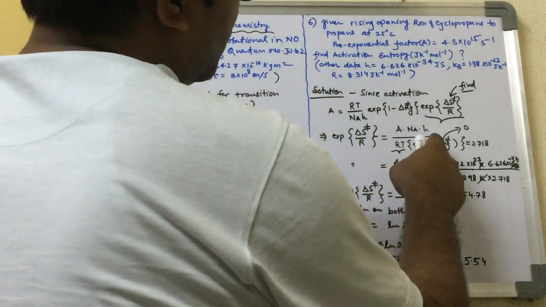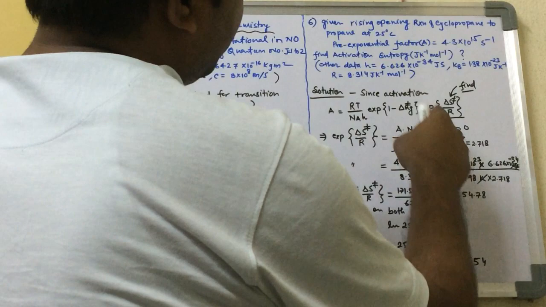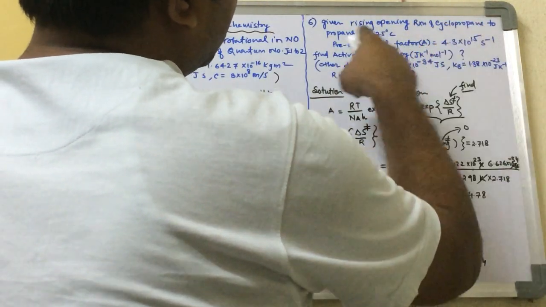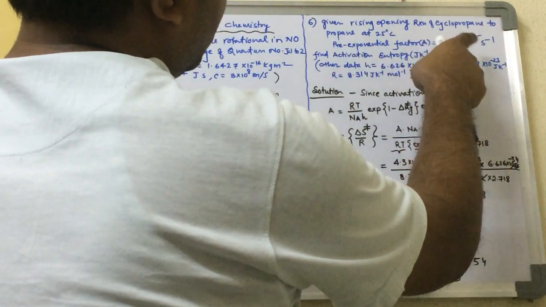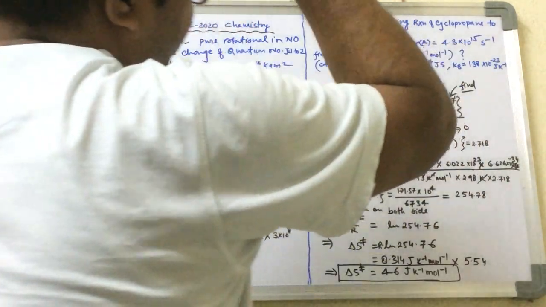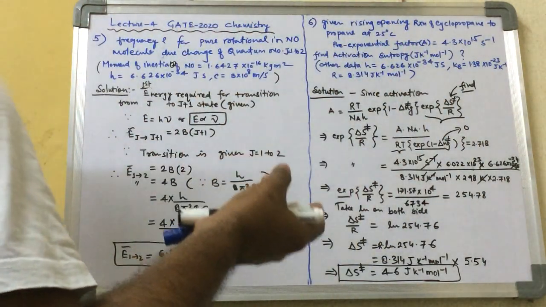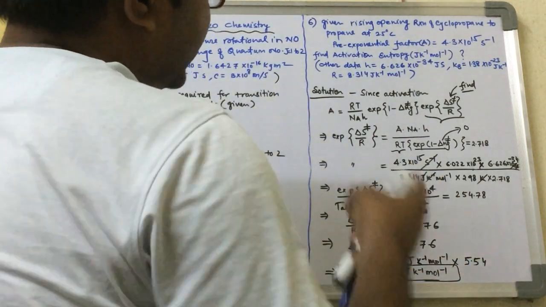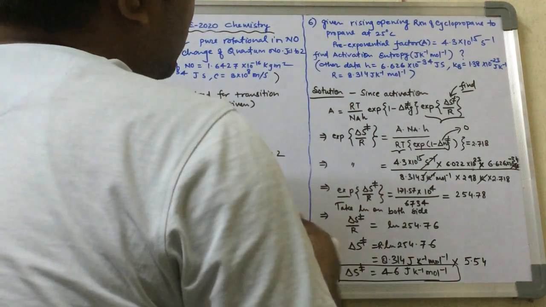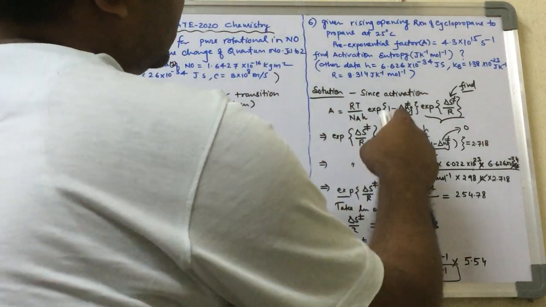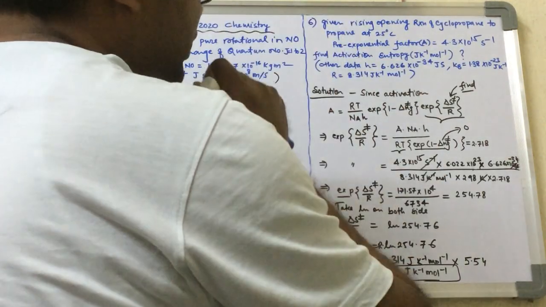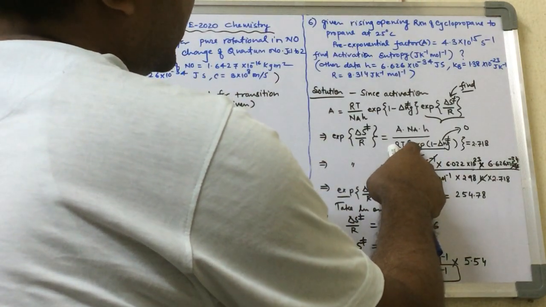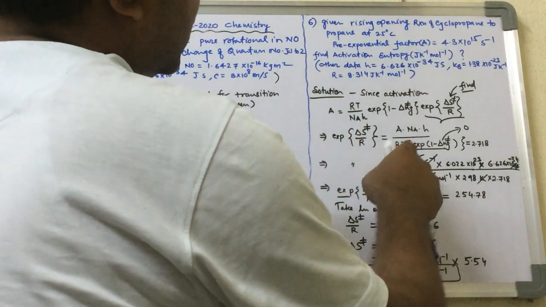Simply, 1 minus delta Ng: it is the ring opening reaction of cyclopropane to propene. Here the ring opening is happening, so 1 mole of cyclopropane and 1 mole of propene, so delta Ng is equal to 0.